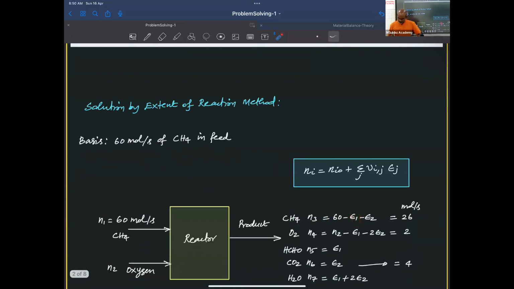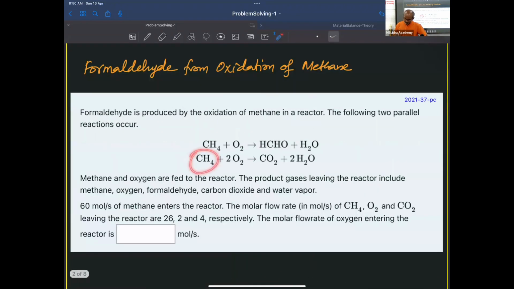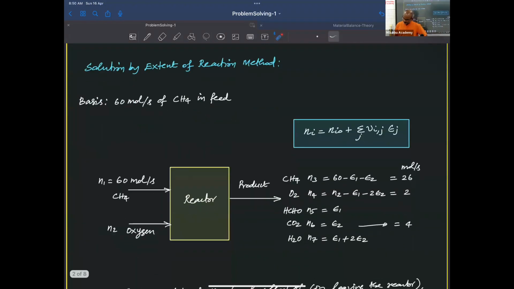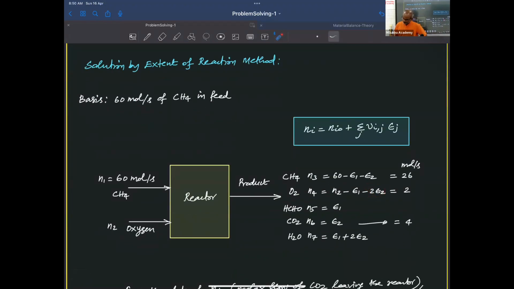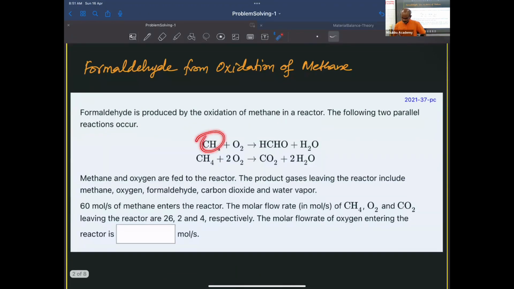For the second reaction, the stoichiometric coefficient is also -1, so -1 into E2, that is, minus E2.